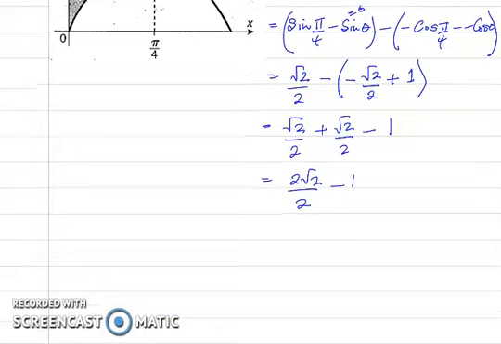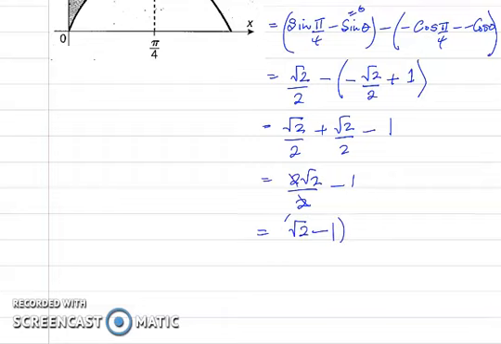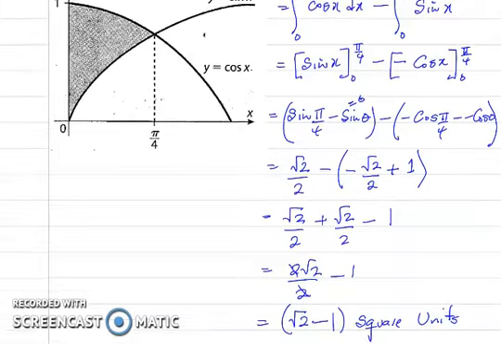So our final answer is root 2 minus 1 square units. All right, and that is because you're finding area, so it's square units.